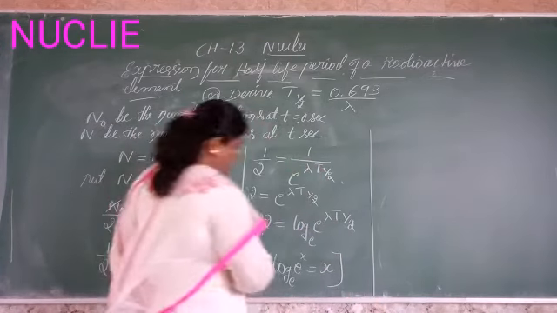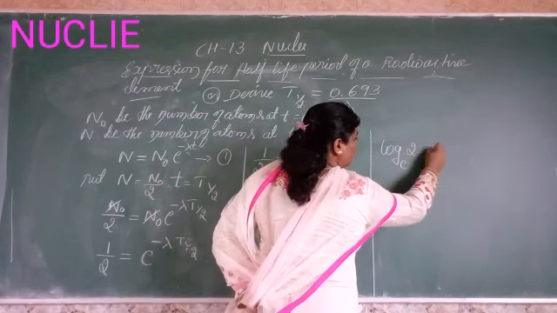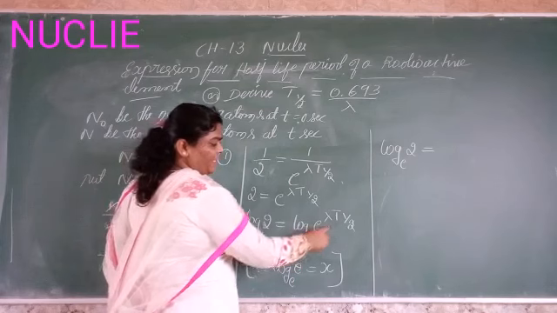So log base e of 2 is equal to log base e of e to the power of x.